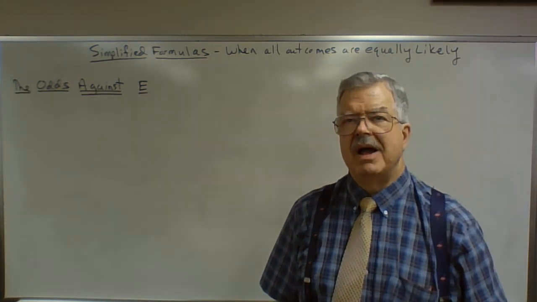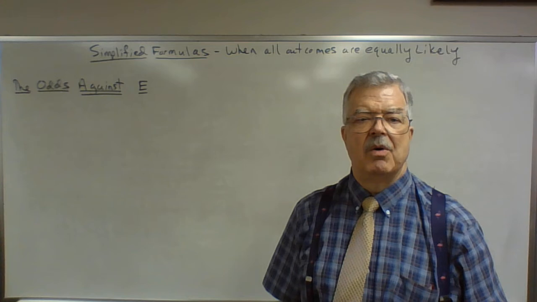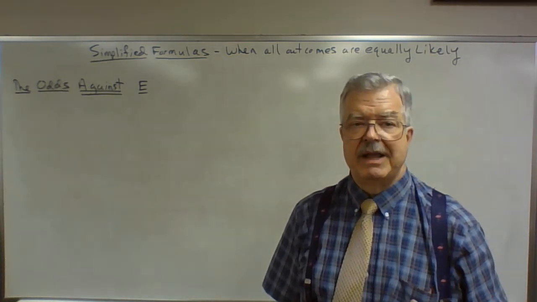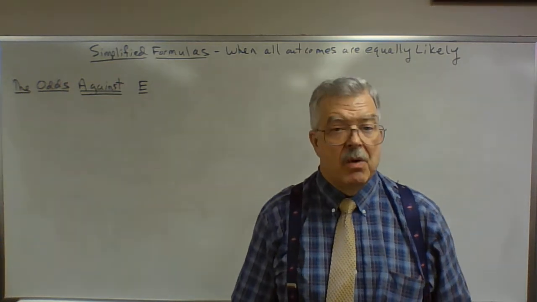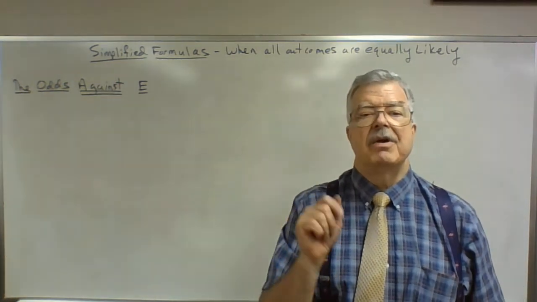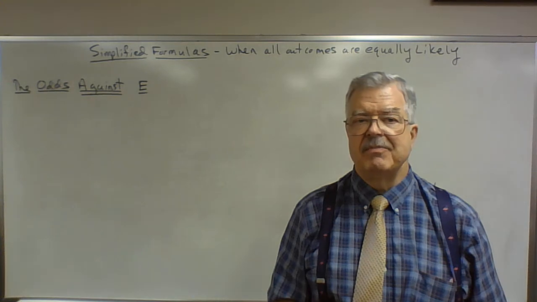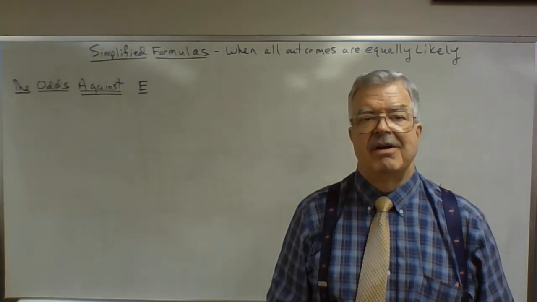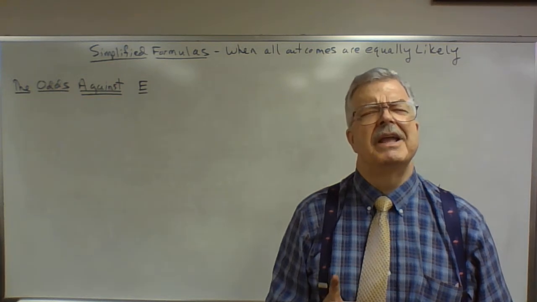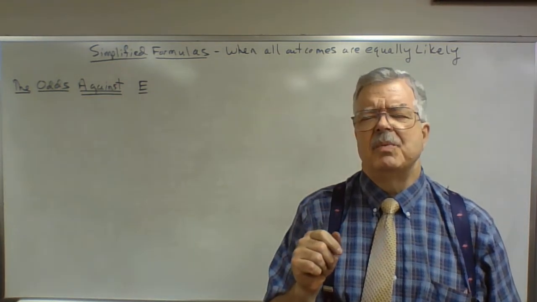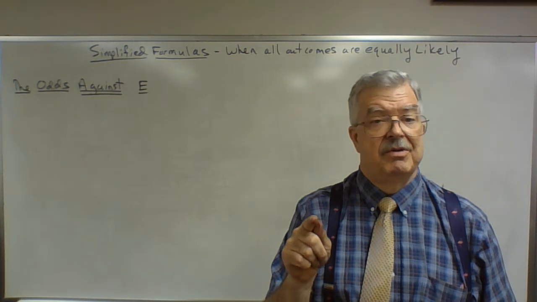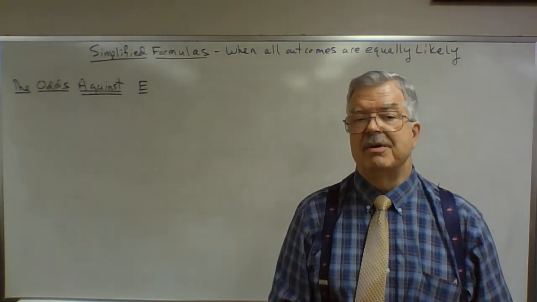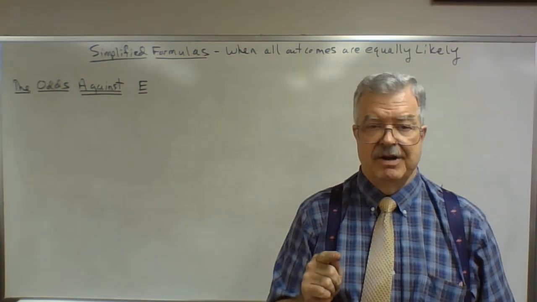It only applies in cases where we know that the outcomes are equally likely, and where we know the number of outcomes in favor of an event occurring and the number of outcomes against. Let me say that again. It only applies when we know the number of outcomes that result in E occurring and the number of outcomes that result in E not occurring.